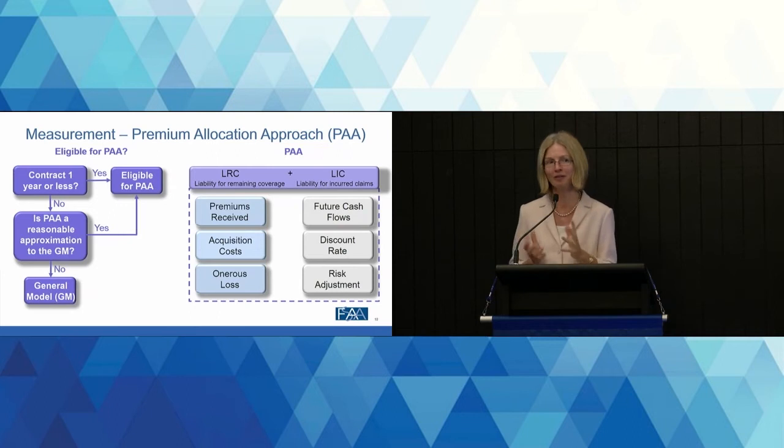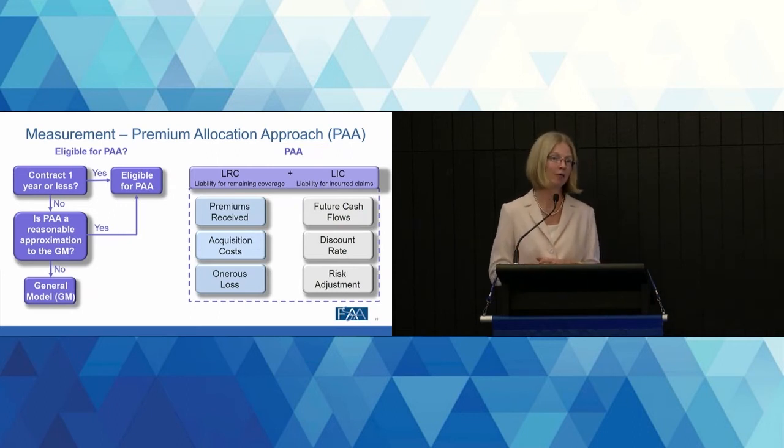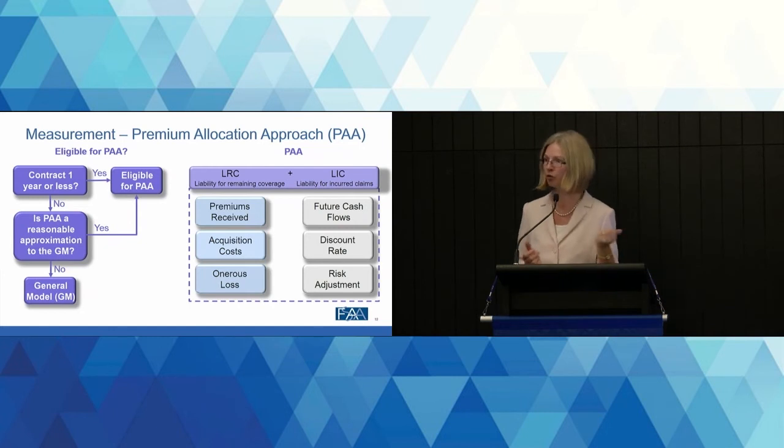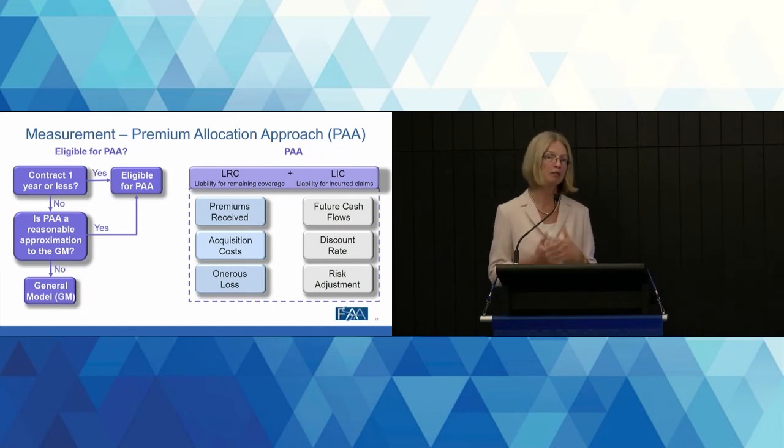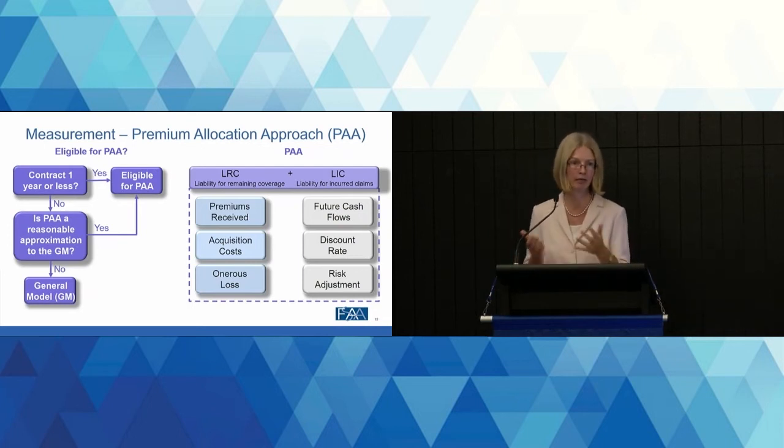There are a few things under consideration with the IASB in the current exposure draft, and in certain cases you may end up with what I call an explicit DAC asset on your balance sheet. But as a general rule under PAA, if you're choosing to defer those acquisition costs, it's essentially like a negative liability. It's coming in as part of your liability for remaining coverage.